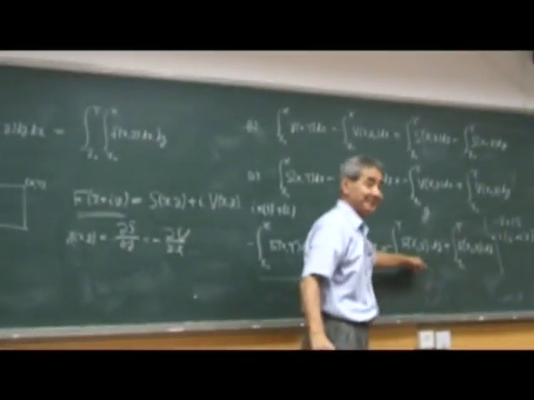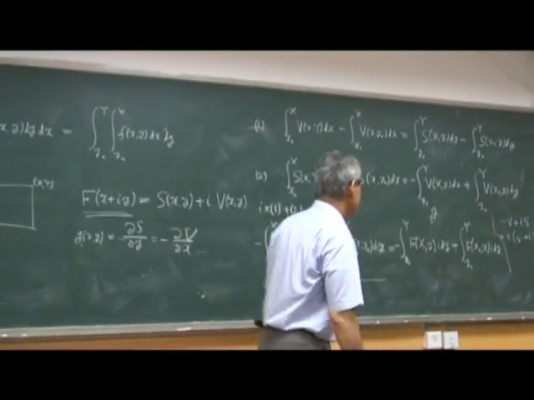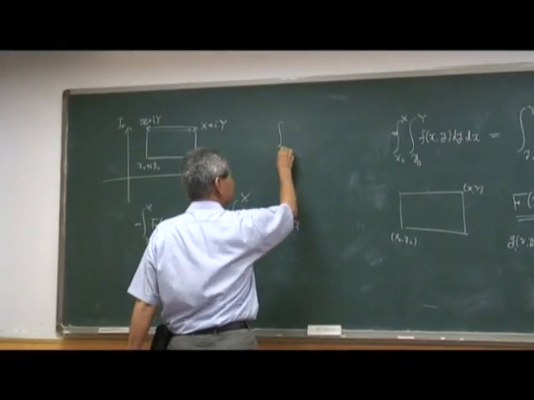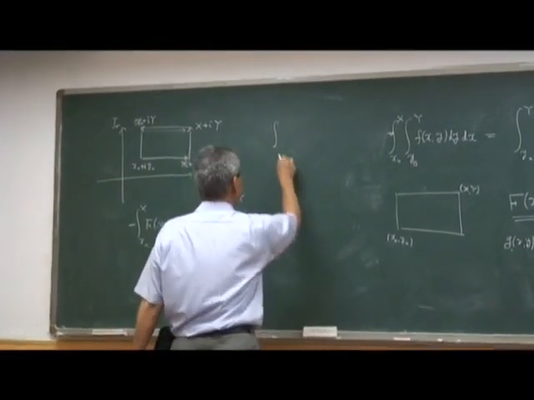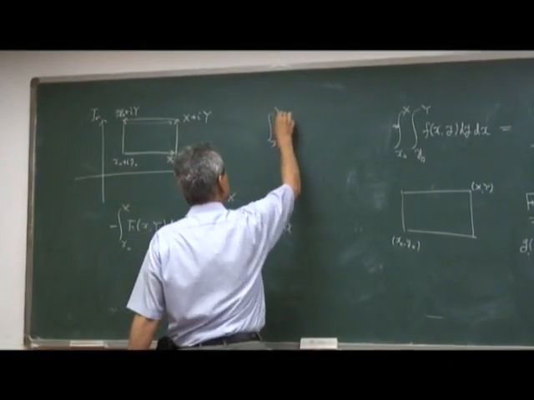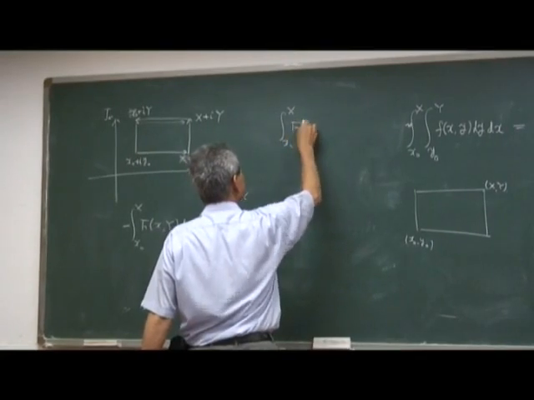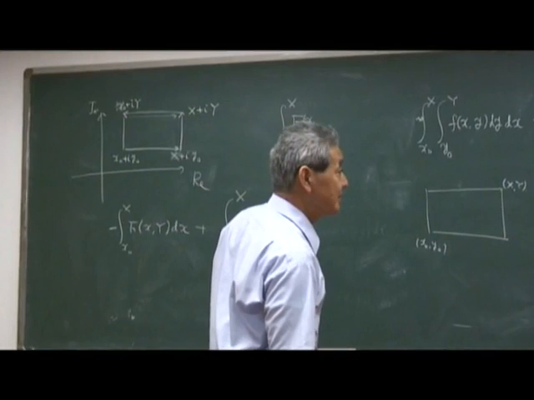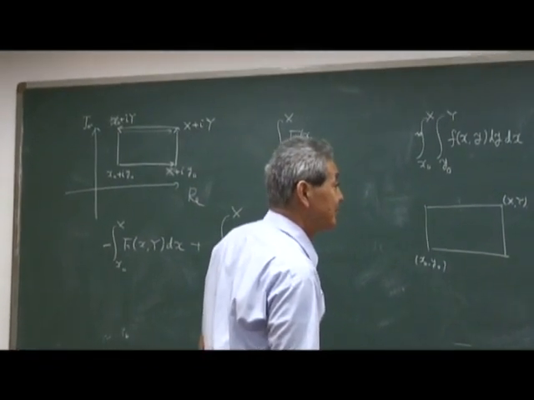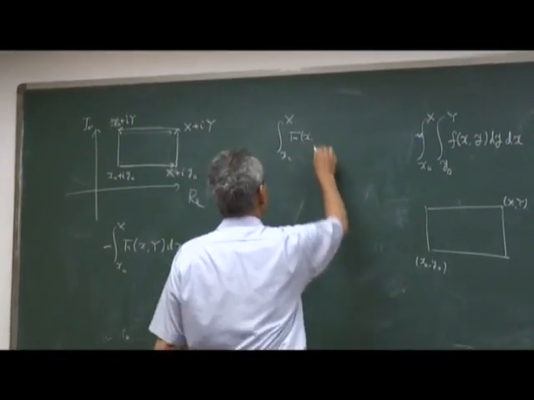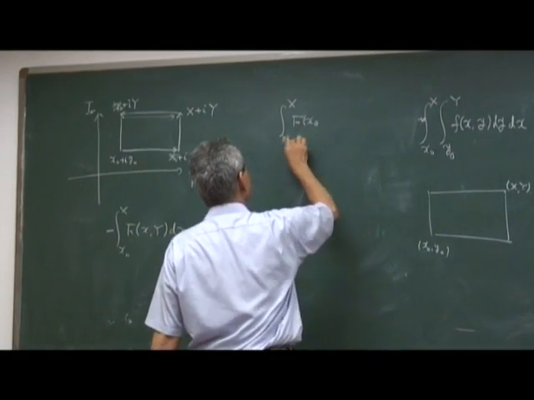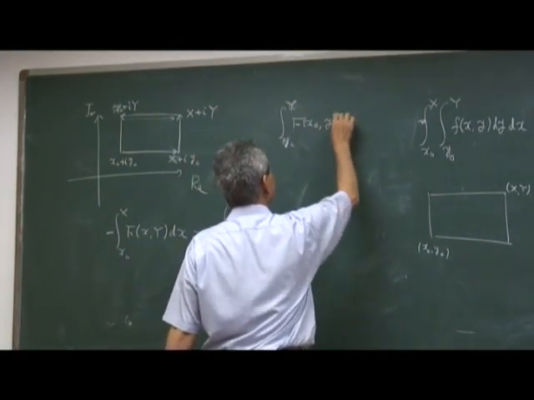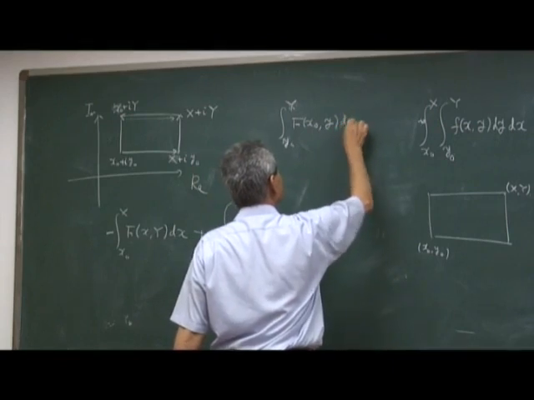So now we want to interpret this part. What does it mean? So for example, the integral from y0 to y of f(x, y) i dy.